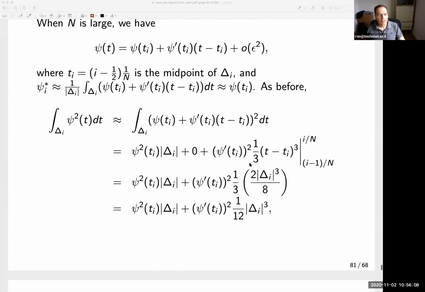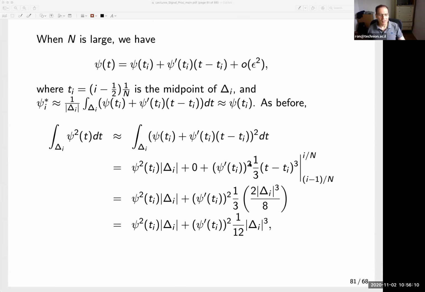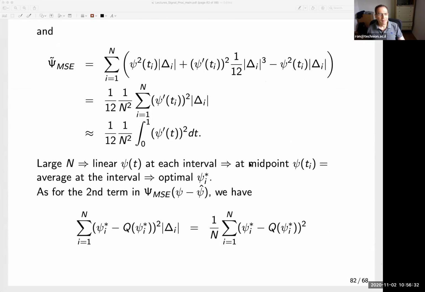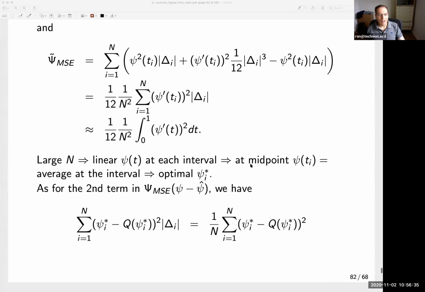We also said that when n is relatively large, we can write the error as the sum over the energy within each interval and the sum over the square derivative of psi in these intervals. This is the thing that we have seen. And now, at the end of the day, the MSE looked like that. So this was the first part. Now we are ready to deal with the second part.